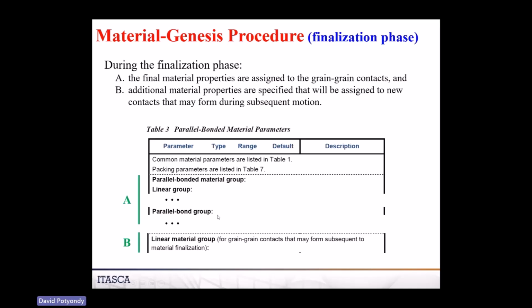You may remember that the parallel bond has 2 different springs acting in parallel. It has the linear springs for the surface-surface interaction, and it has the parallel bond itself, and they each have different sets of properties. And then, additional material properties: new contacts that get formed after this are going to have the linear material. So we're going to do that here.